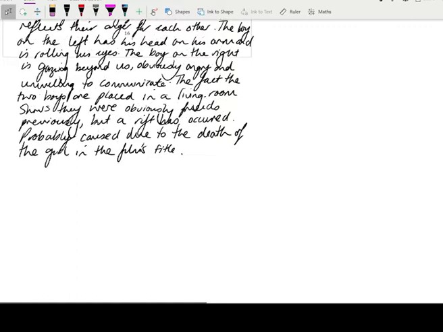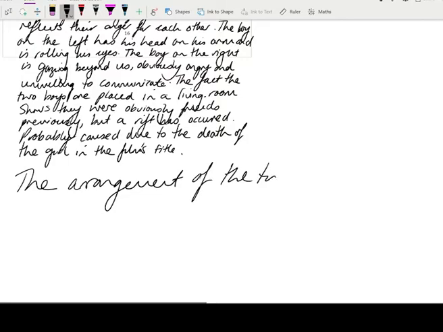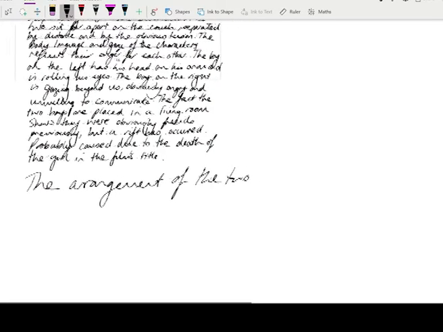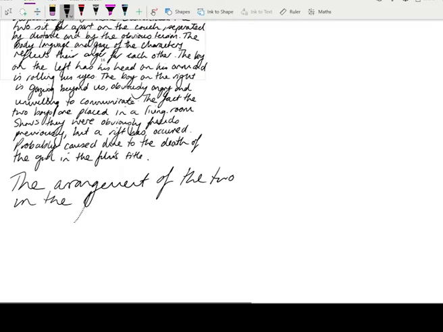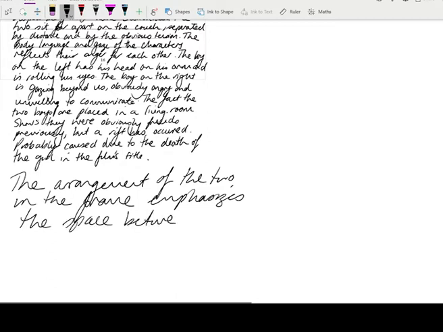Then the next one I would go on to talk about the framing. So the arrangement, and I'm following on from that idea of the two in the frame emphasises the space between them.